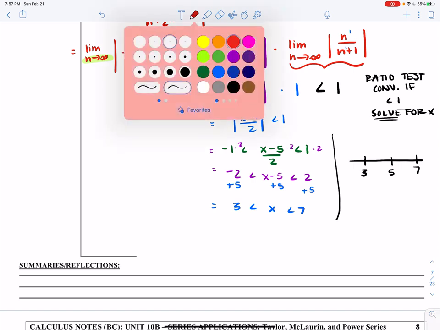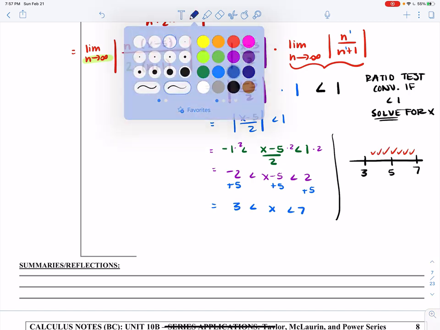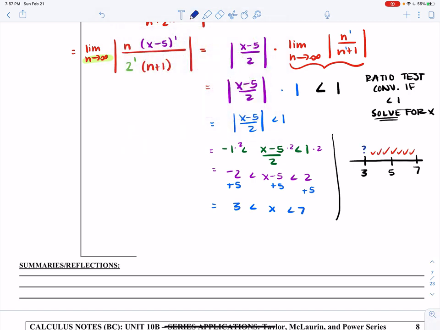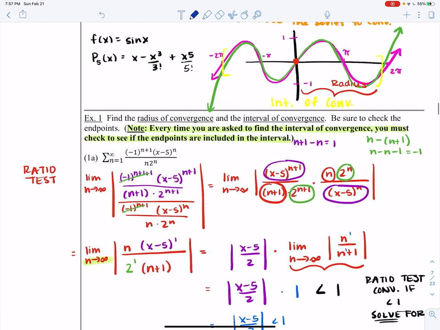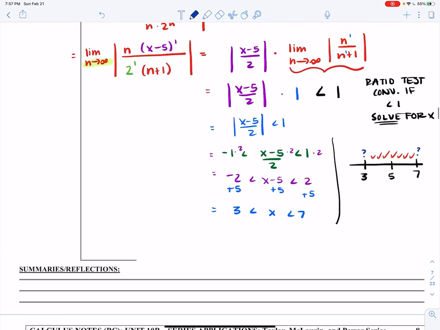I know that it's going to converge everywhere up until 3 and 7. But unfortunately, you don't know if it converges at 3 and if it converges at 7. Which goes back to every time you're asked to find an interval of convergence, you must check to see if the endpoints are included. So, here we go.